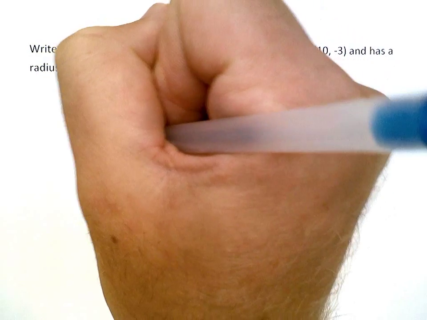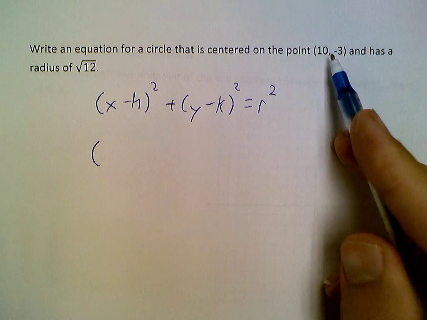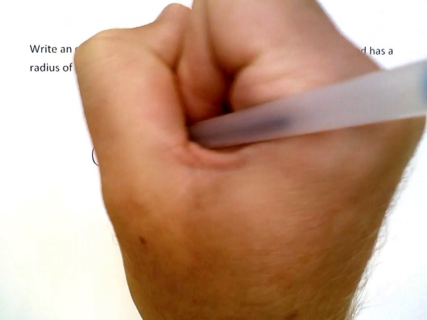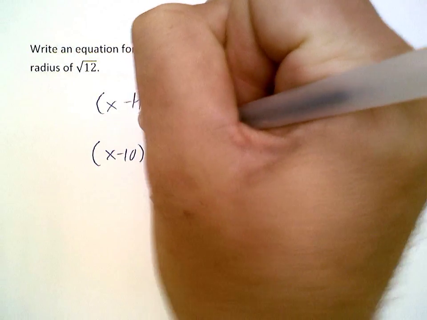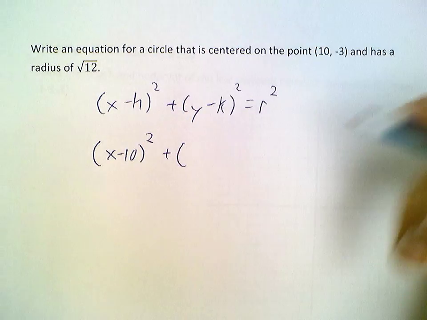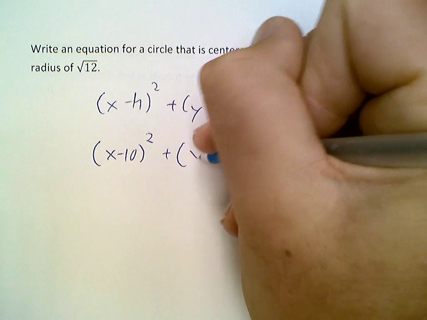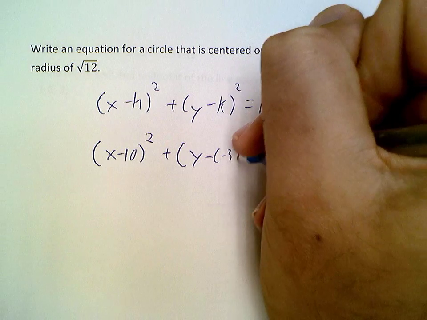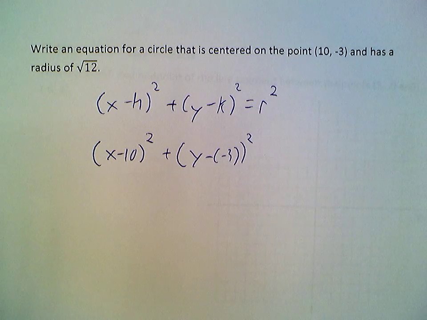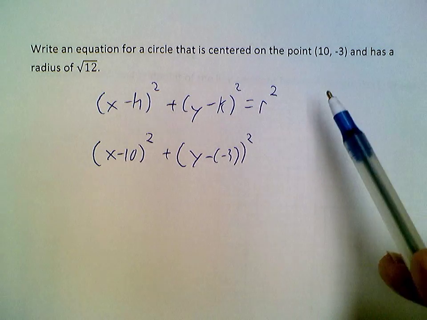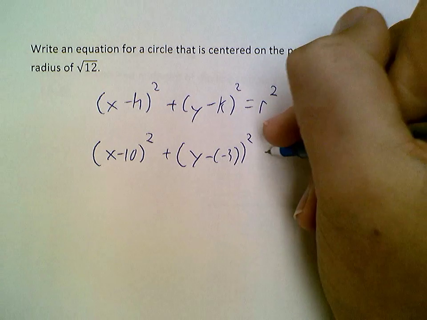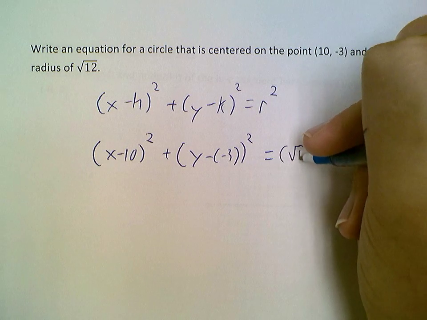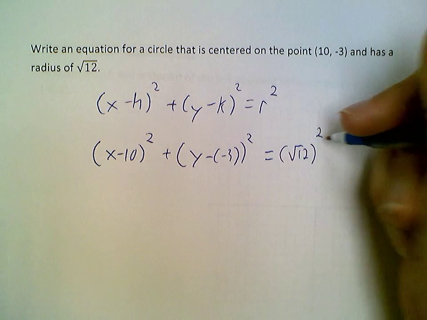So h in this case is 10. So I'm going to put (x - 10)². k in this case is -3, so I'm going to put (y - -3)². And then r is square root of 12, so I'm going to set it equal to (√12)².